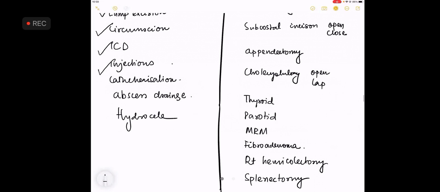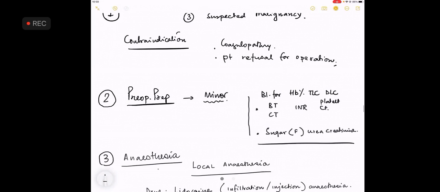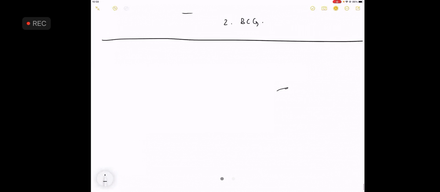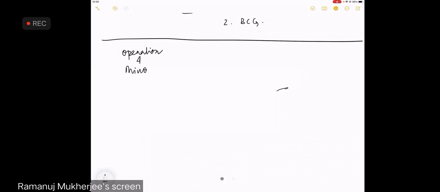We'll talk about catheterization and end, and then we'll take a break. Let us talk about operation 4 in minor, catheterization.